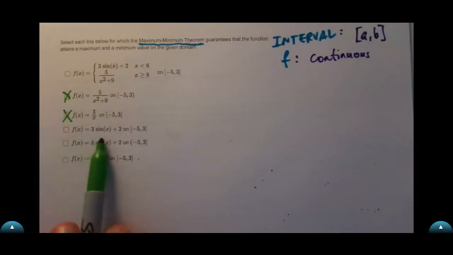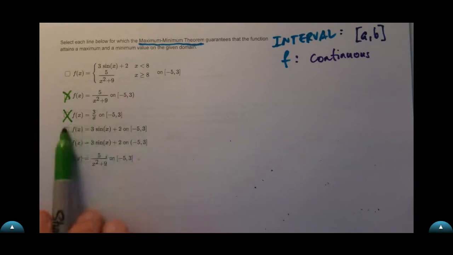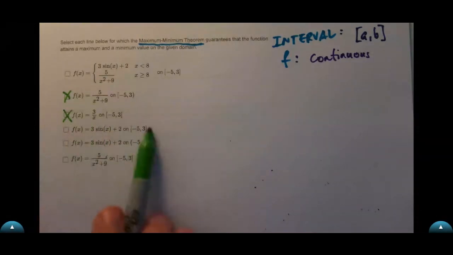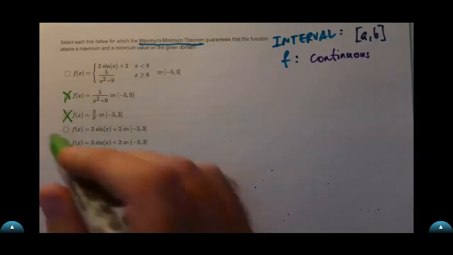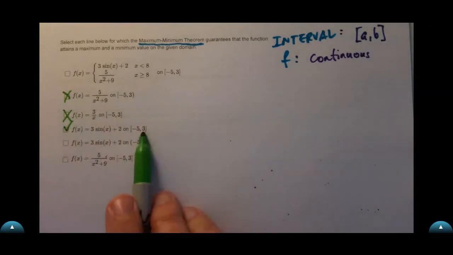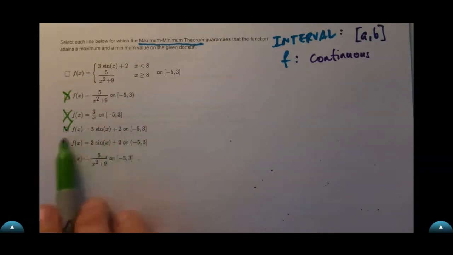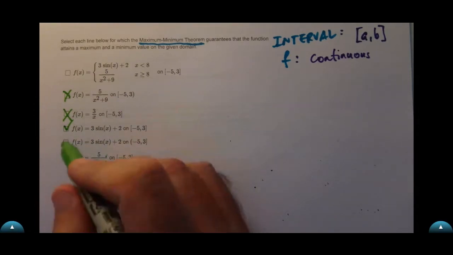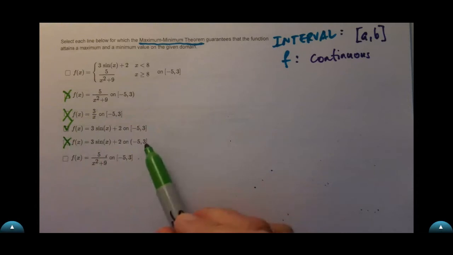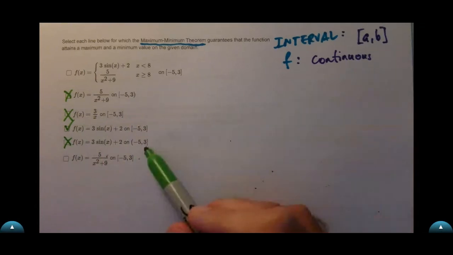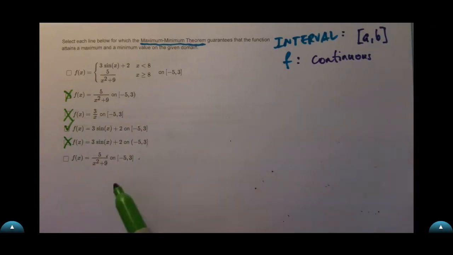What about the fourth one? I can. That's a closed interval and that function's continuous. What about the second last one? Who can tell me? Steve. No, why not? The interval's not a closed interval.